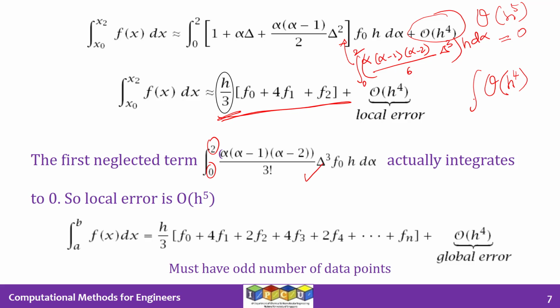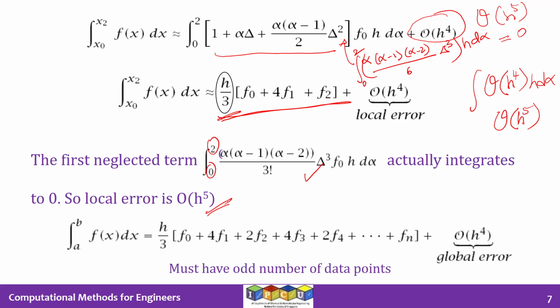So when you integrate it with h d alpha, instead of dx it is h d alpha, you're going to get this term to be of the order of h to the power of 5. So the local error is really order of h to the power of 5, even though we included only 3 terms in this expansion. That is a very subtle point which is quite useful for us, because order of h to the power of 5 is much better than order of h to the power of 4. So we are getting something free here.